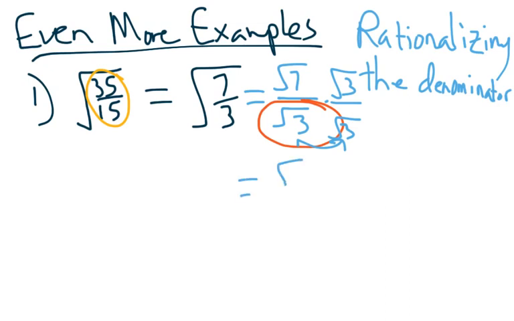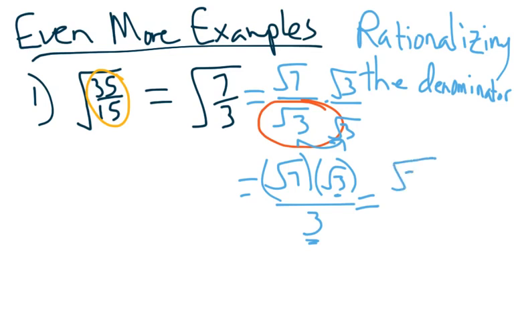So we'll have the square root of 7 times the square root of 3 over, and again, these two cancel each other out. They cancel out the square root to get you just 3. Now you have to be careful. This 3 and this 3 cannot be crossed out because one's under a radical, one is not. You cannot reduce them. So the final answer is just going to be the square root of 21 over 3.